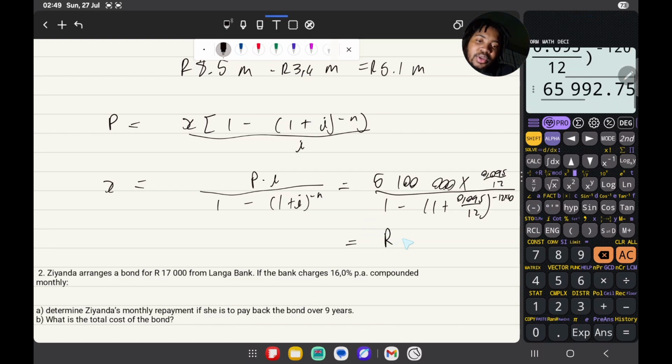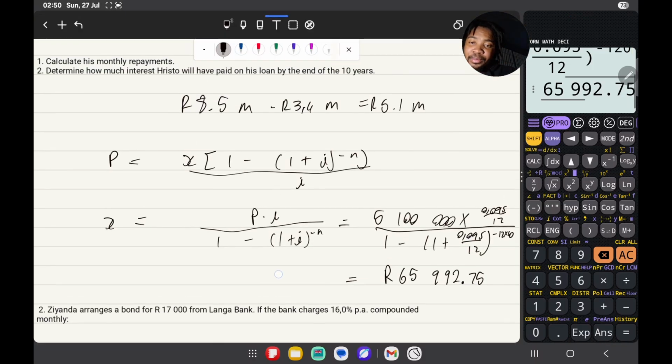So this guy is going to have to pay 65,000 rand, or actually even closer to 66.75. So this is how much the guy is going to have to pay per month, right?